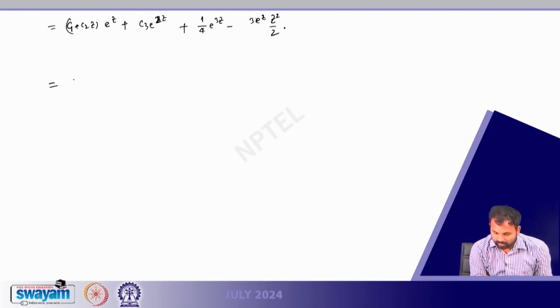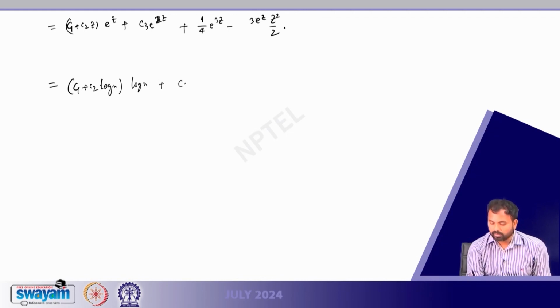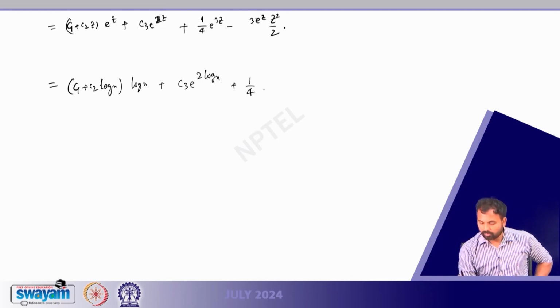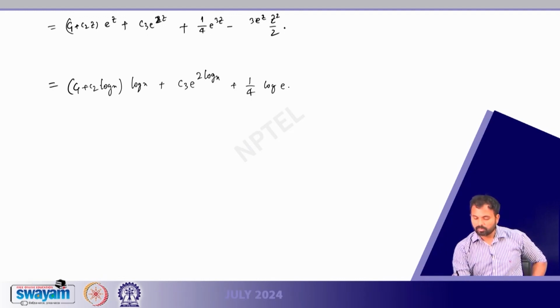Now, we will go back to x. So, this is c1 plus c2 into log x plus c3 e to the power 2z, that is e to the power 2 log x, plus 1 by 4 e to the power 3z. Since x equals e to the power z, z equals log x.